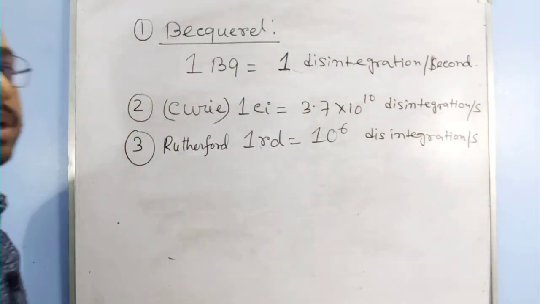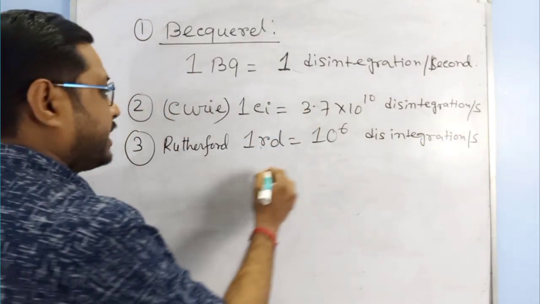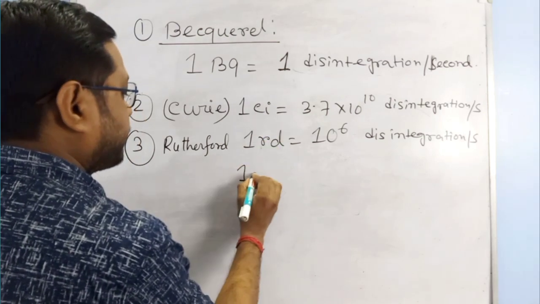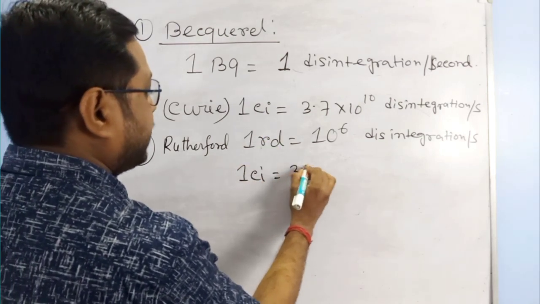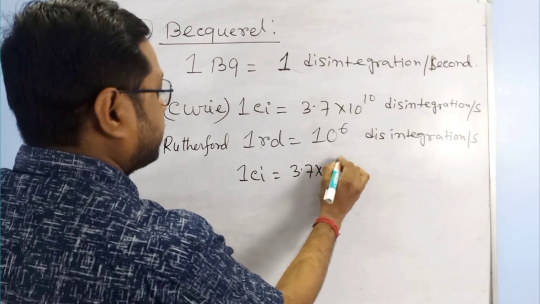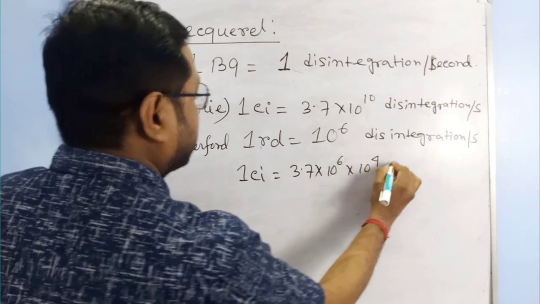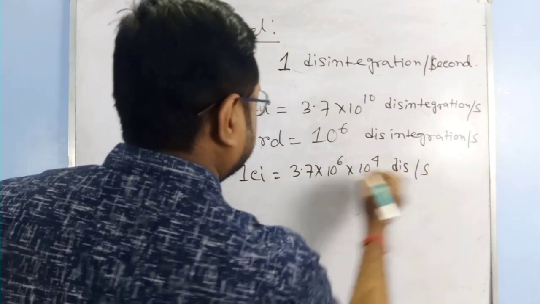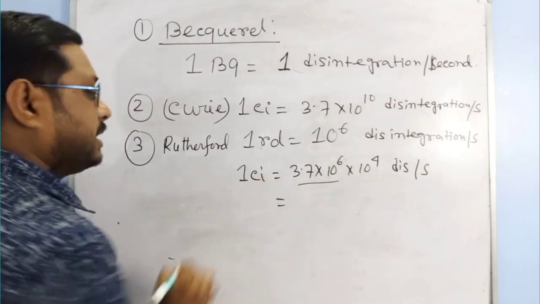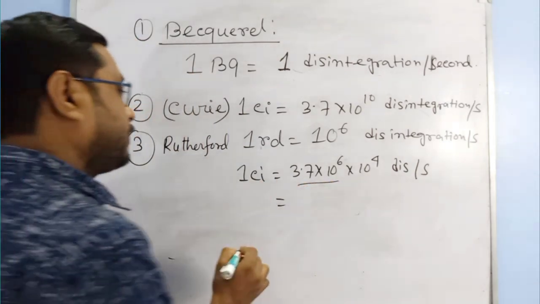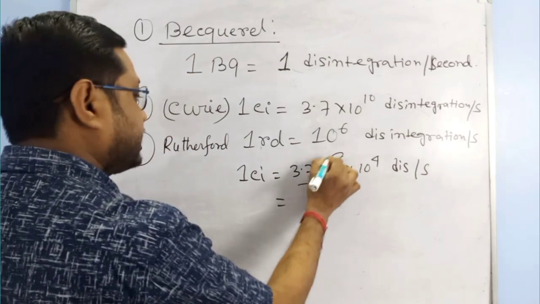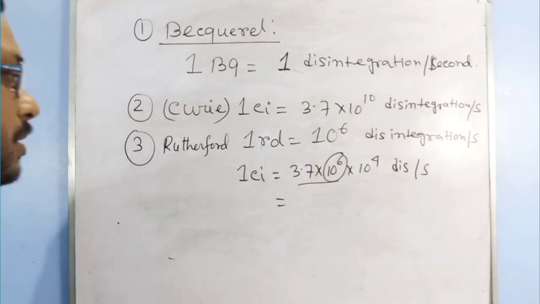So 1 Curie equals 3.7 into 10 to the power 4 into 10 to the power 6 disintegrations per second, where 10 to the power 6 means 1 Rutherford.